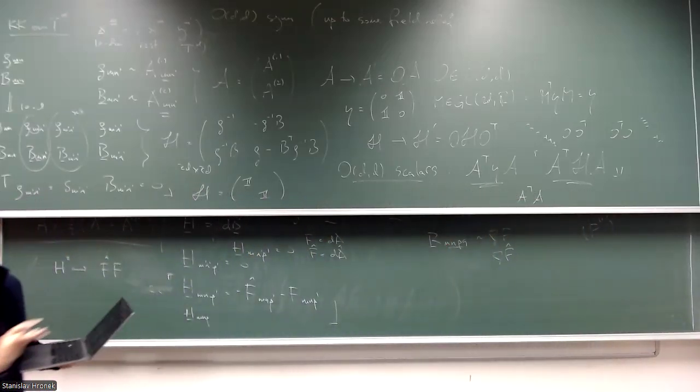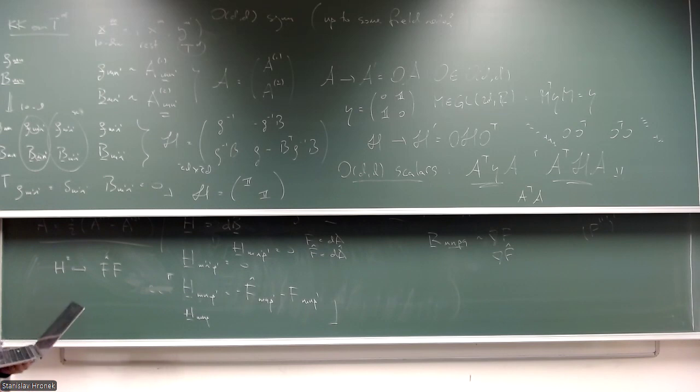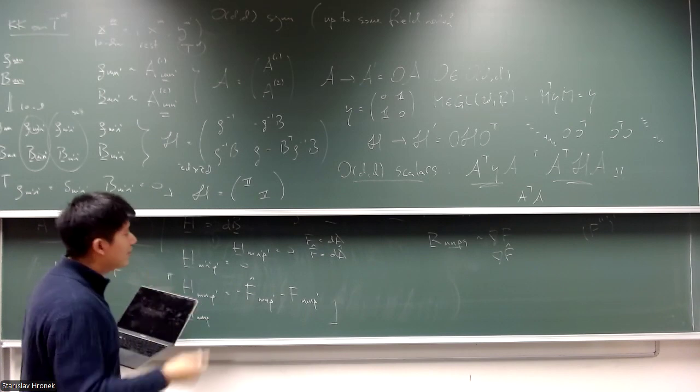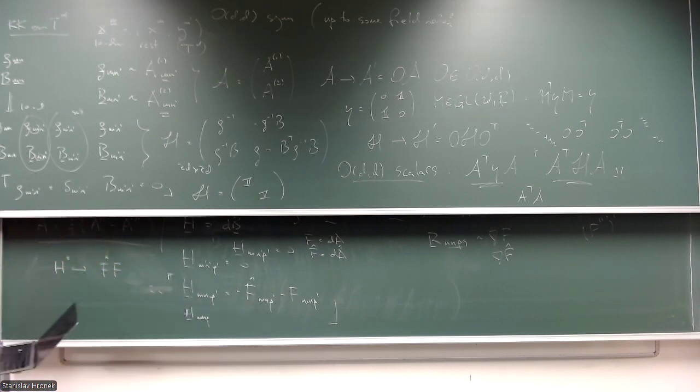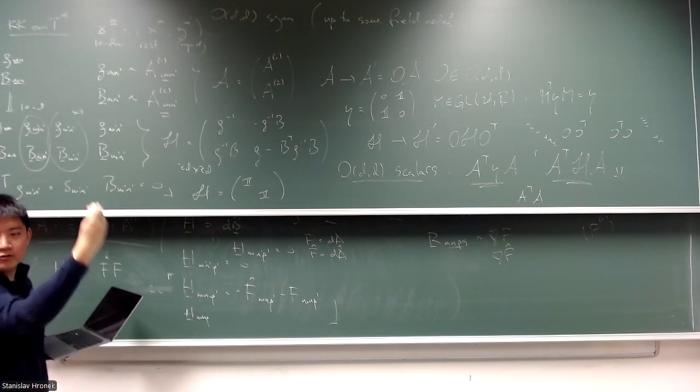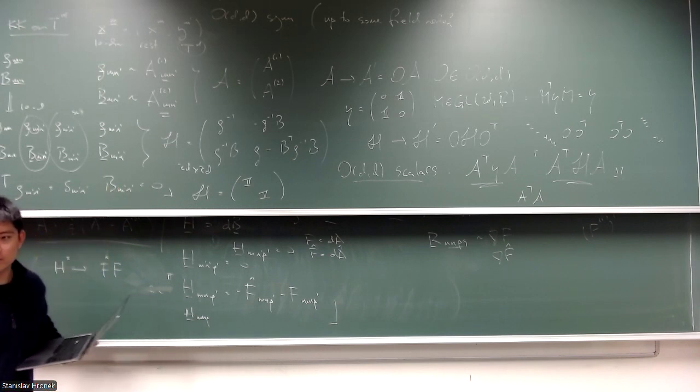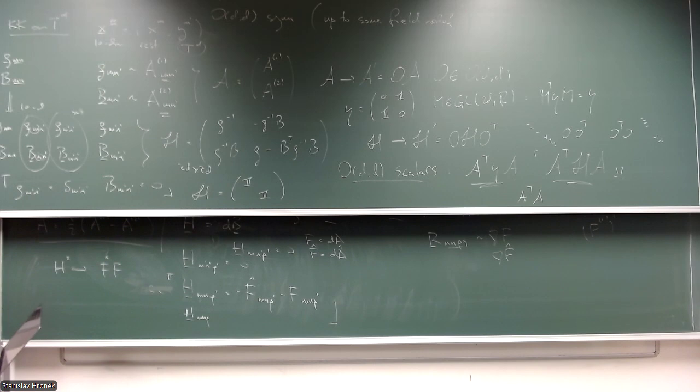So to begin with, in general KK reduction on the torus, there's no ODD, right? It only appears in these kinds of string theories. So that means in the general reduction process, you won't have some ODD stuff to begin with.